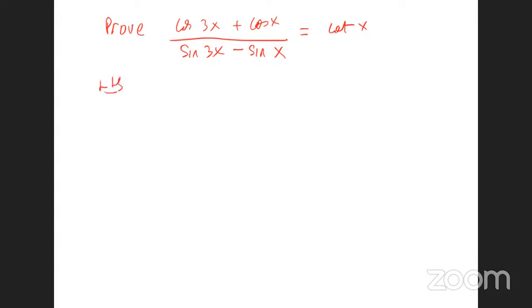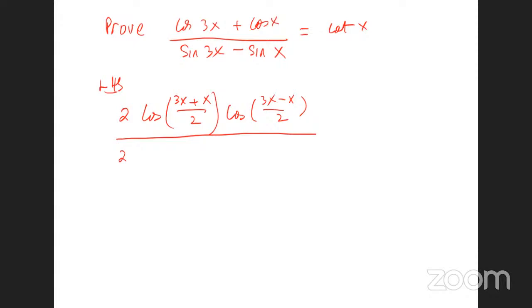Right, so if you take the left-hand side, it will be 2 cos (3x plus x) over 2, cos (3x minus x) over 2, all over 2 sine (3x minus x) over 2, cos (3x plus x) over 2.